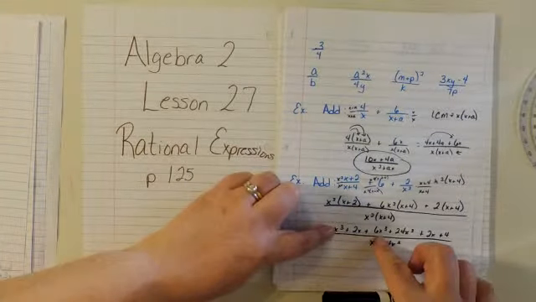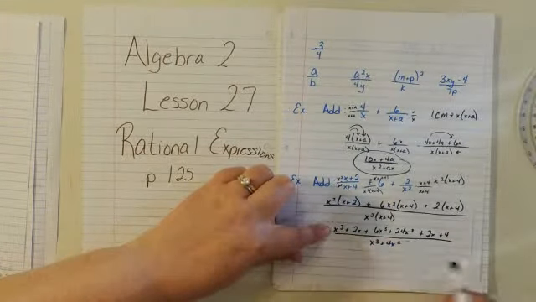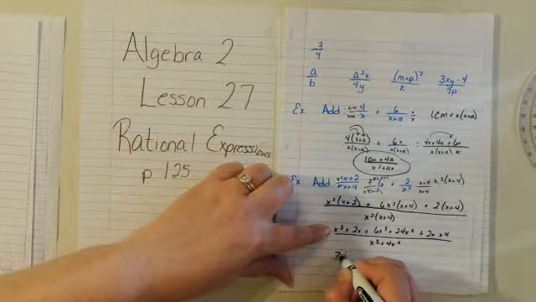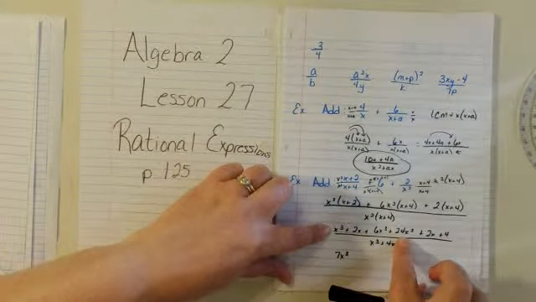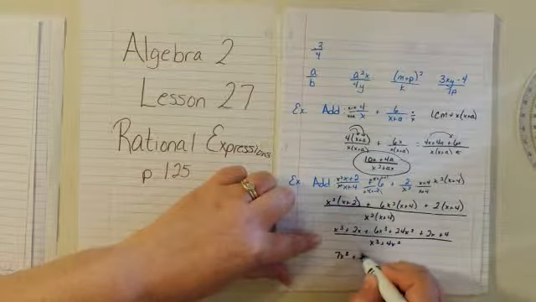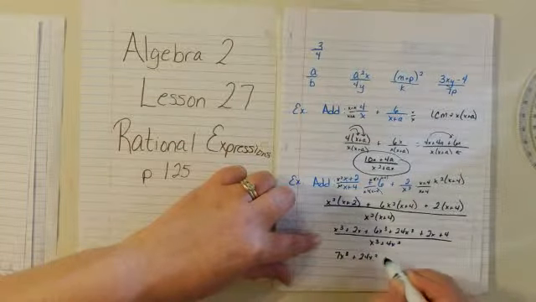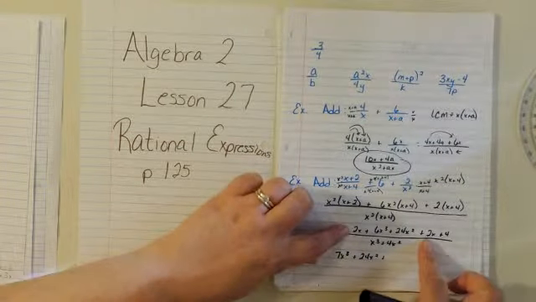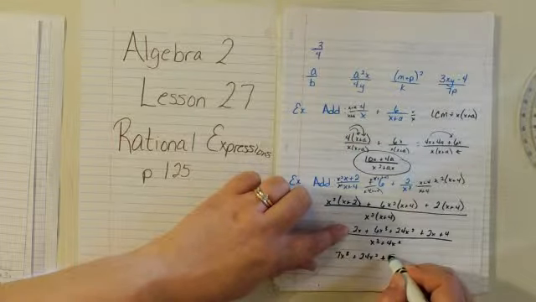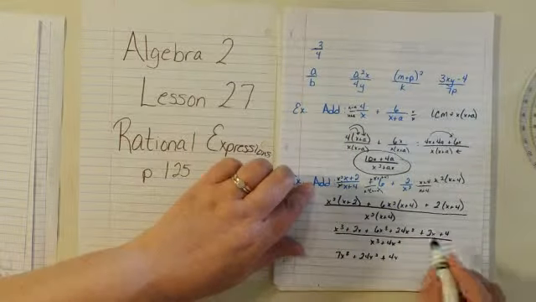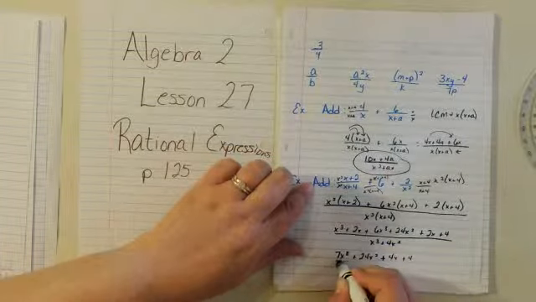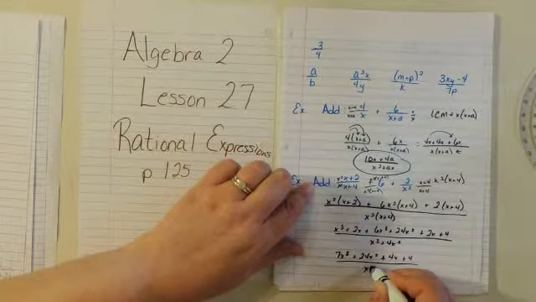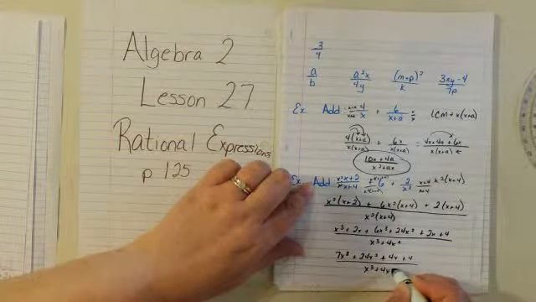Okay, now put the like terms together. Here we have x cubed plus 6x cubed, which leaves us with 7x cubed. We have the x squared terms, so plus 26x squared. We have 2x plus 2x, which is 4x, and we have a 4. And on the bottom we have x cubed plus 4x squared.